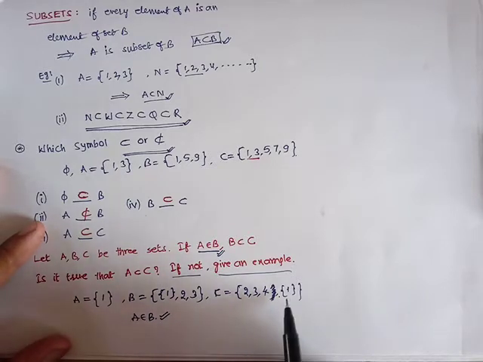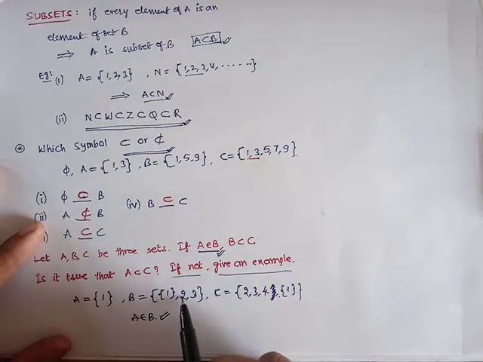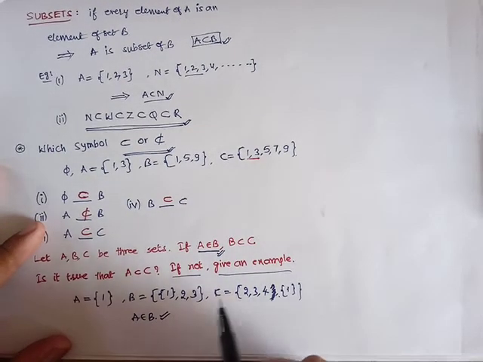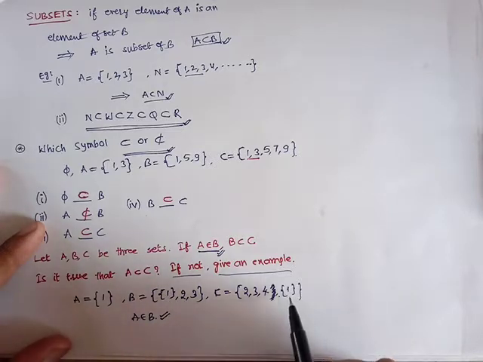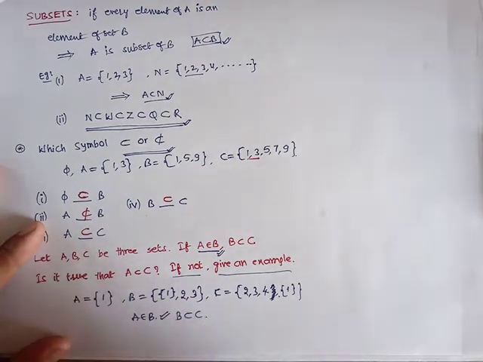These elements are taken now. Now see, B is a subset of C. 2 and 3 are present here, elements of B, 2 and 3 are present. And the set {1} is also present as the set {1} in set C. Yes, B is a subset of C.